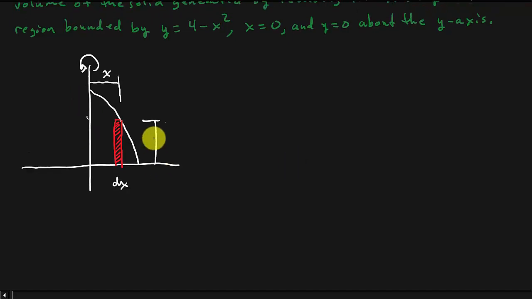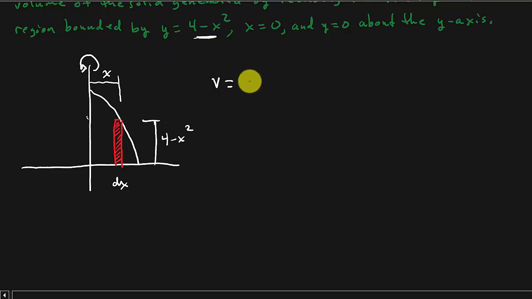So what's this distance from here to here? What's y? It's 4 minus x squared. You see that? I hope all this is making sense. All you're doing is finding x, y. But I've got to be in terms of x, so I write y in terms of x, and y is 4 minus x squared.